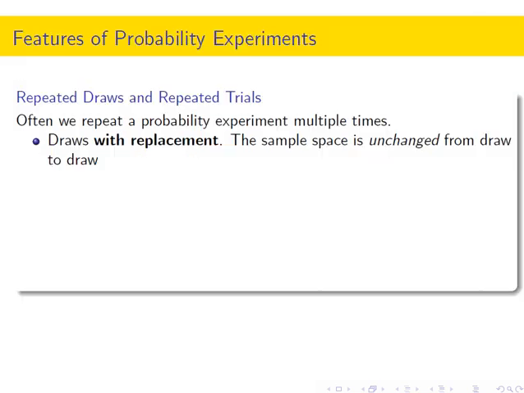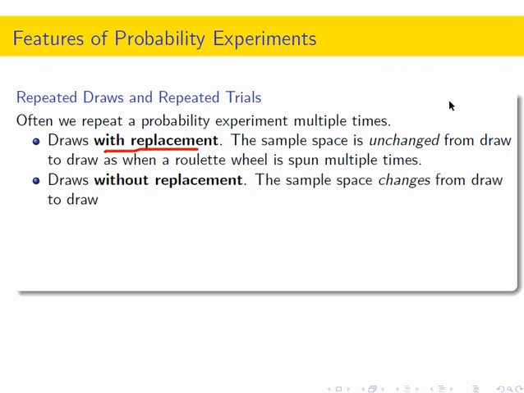When we look at probability experiments, we do want to understand what features they have, and there are a couple of important ones. Are the draws with or without replacement? When we talk about draws with replacement, that means that the sample space is unchanged from draw to draw, like when you spin a roulette wheel.